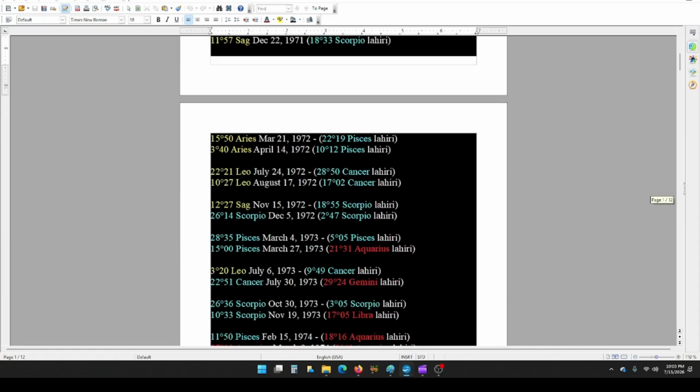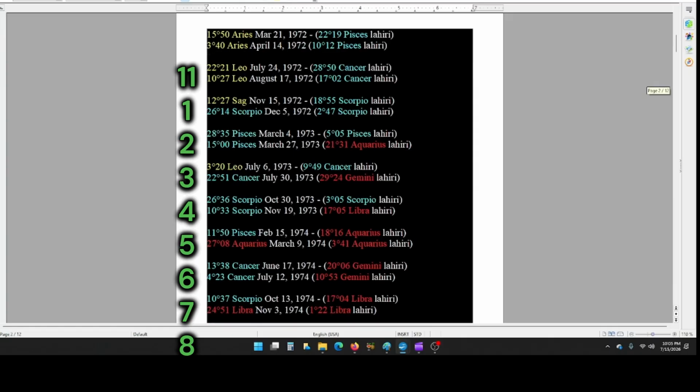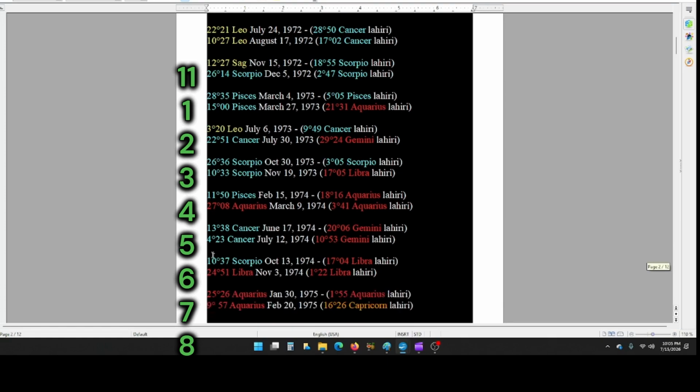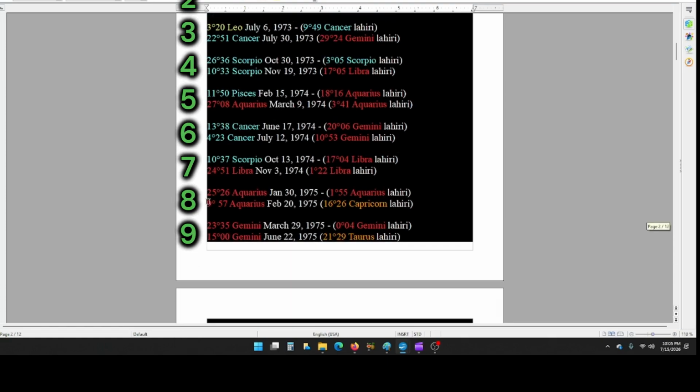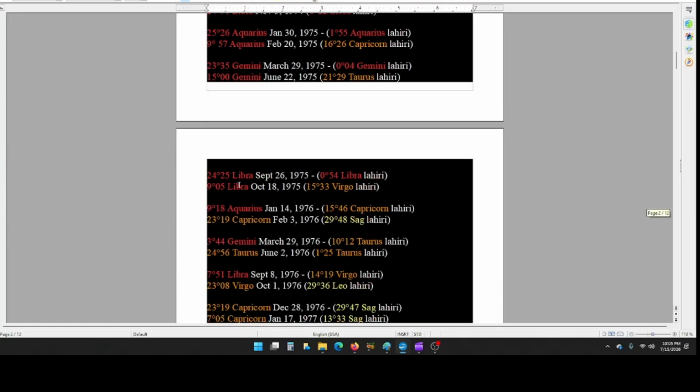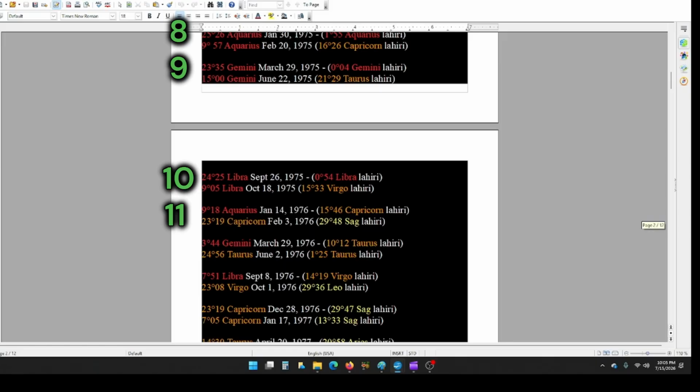Just as counting 11 more. Right here, this is number 11. Okay, 28 degrees 50 Cancer. So we're going to go 1, 2, 3, 4, 5, 6, 7, 8, 9, 10, 11. 11 more, which is 15 degrees 46 Capricorn.